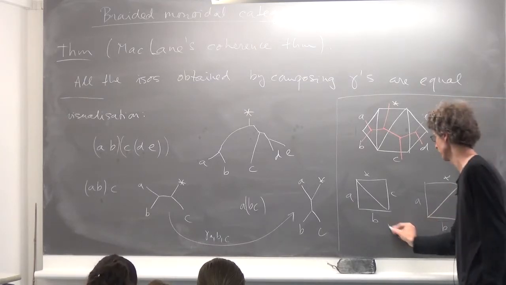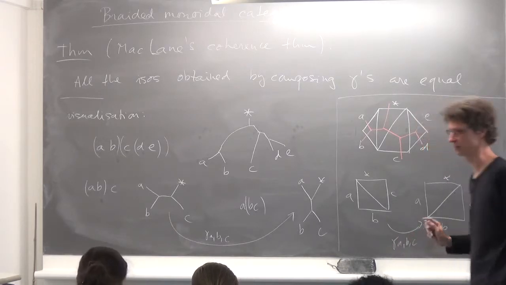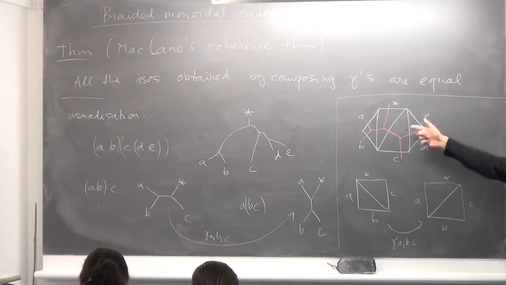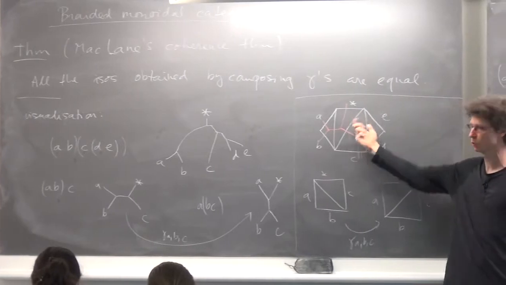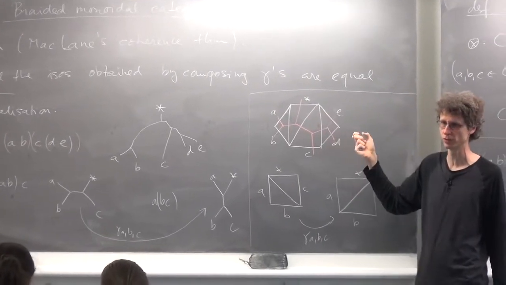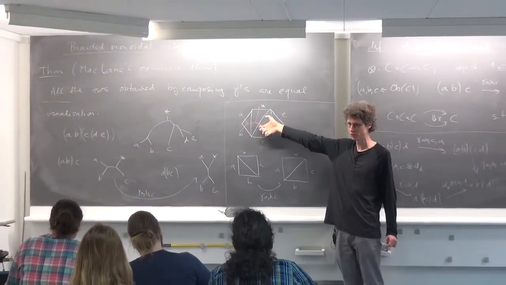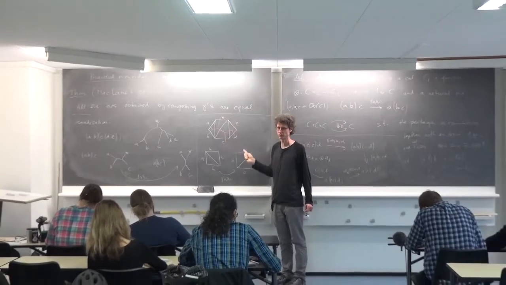So this is what gamma A, B, C does. What it does is simply take a quadrangle somewhere inside, like two adjacent triangles, and remove this common side and replace it with a side like that.